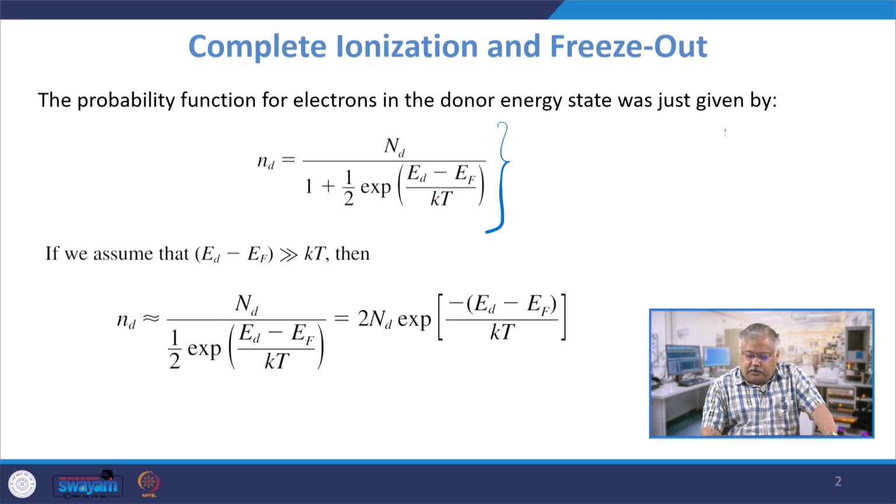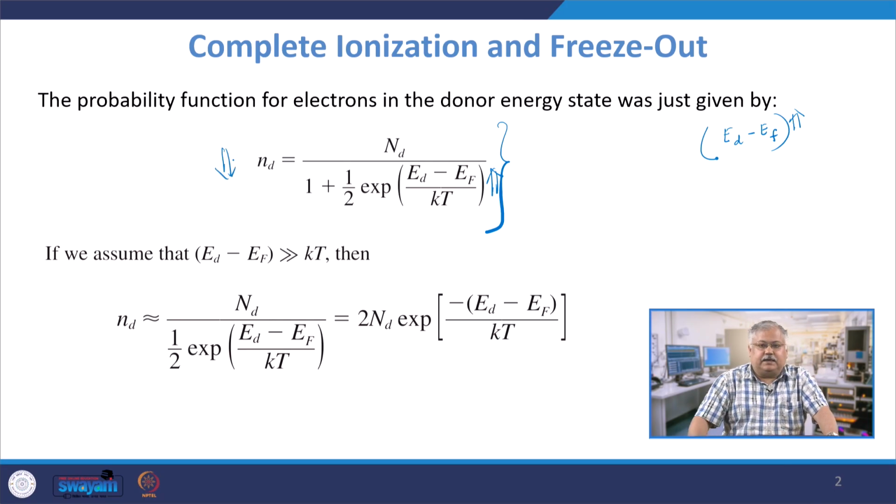If the difference between ED and EF is large, then the denominator becomes large, and therefore this falls down. It effectively means that if the donor level and Fermi level are very far apart from each other, I would expect the number of free electrons available from the donor to be relatively small, and that is where the whole freeze out concept comes into picture, or even incomplete ionization.